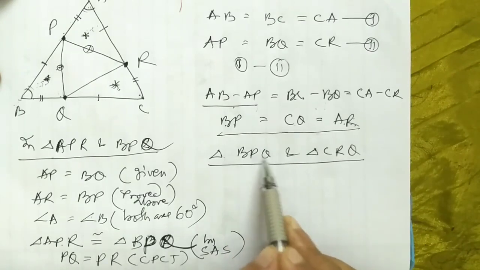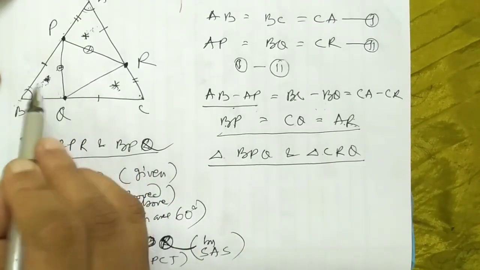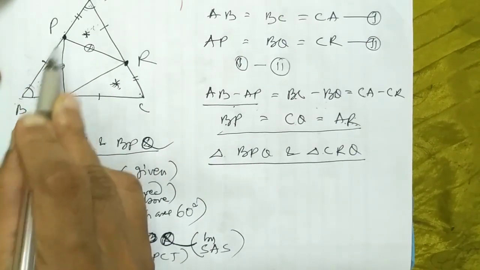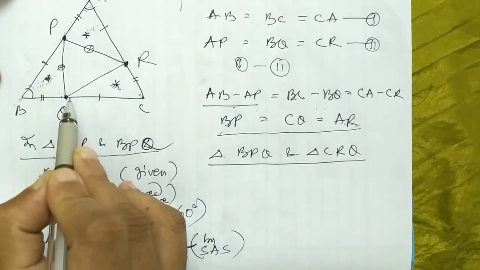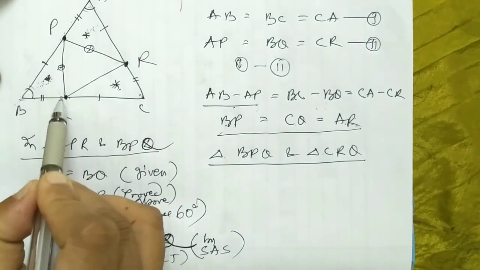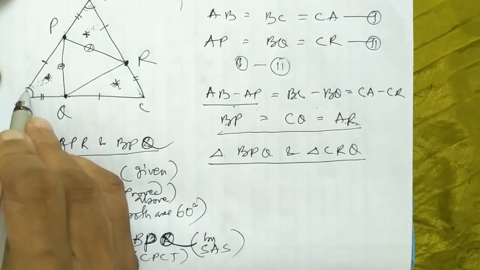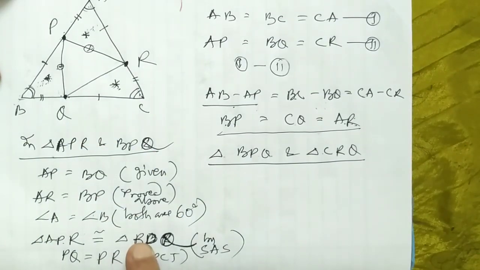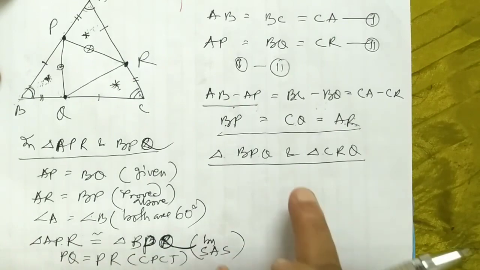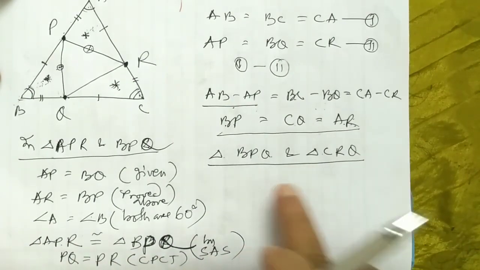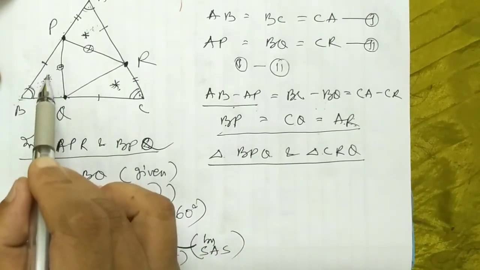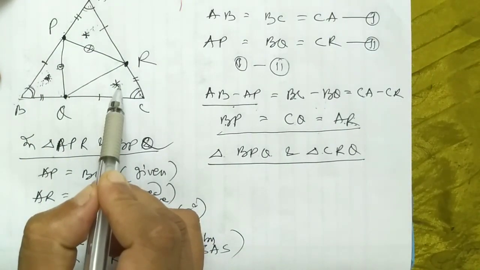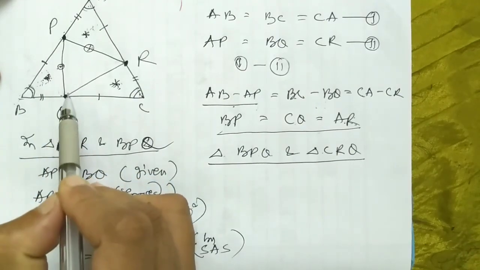In triangle BPQ and triangle CRQ, what are the things equal? BP equal to CQ. Then BQ equal to CR. And this angle are equal. Why? 60-60. So same way we have to show. I am not showing here, you have to show that. So after showing that these two triangles are congruent, I can write that PQ equal to QR.